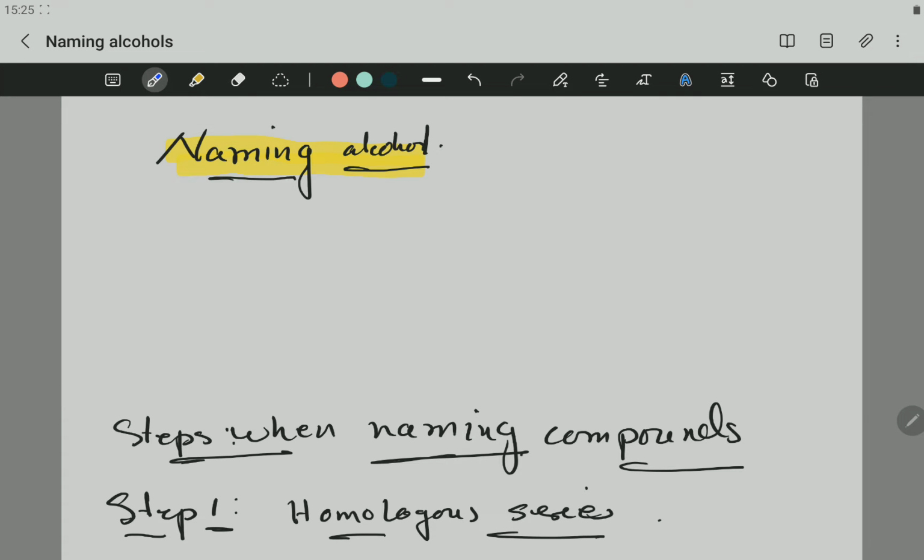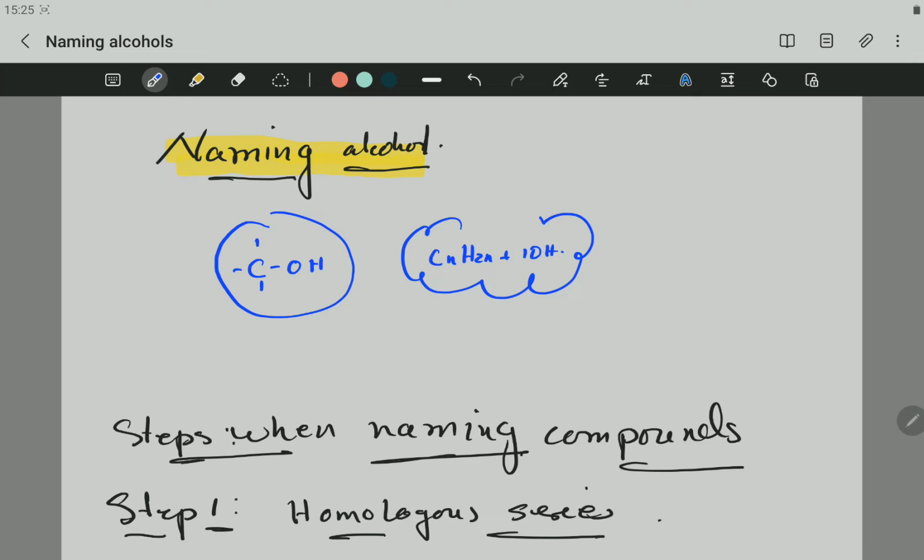Okay, so let's just record the functional group of alcohol. Remember, the functional group of alcohol is a carbon that is bonded to an OH. So we are looking for this one in a chemical compound. The general formula is CnH2n+1OH.